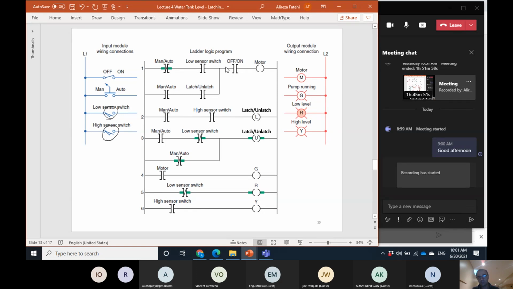This on-off switch shows that regardless of the level of the sensor, regardless of whether it is in manual or automatic, if the switch is in off mode, it means this is open, the voltage here is 0 volt, and so the logic of this is 0, and so the motor is off. So regardless of the level of the water, whether it is in auto or manual, if the switch is off, the motor is off.